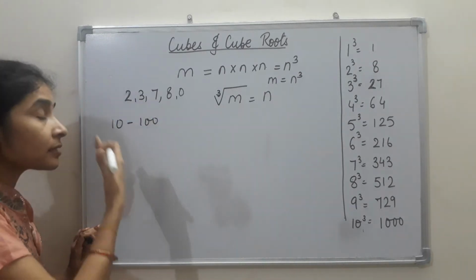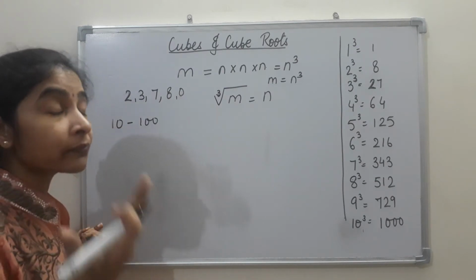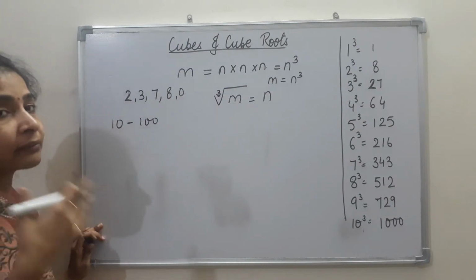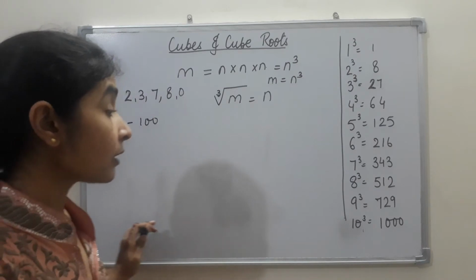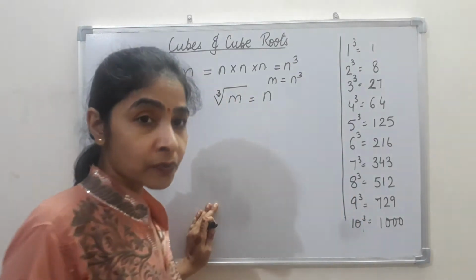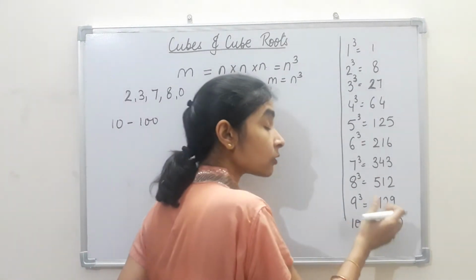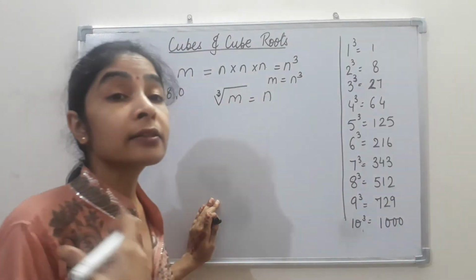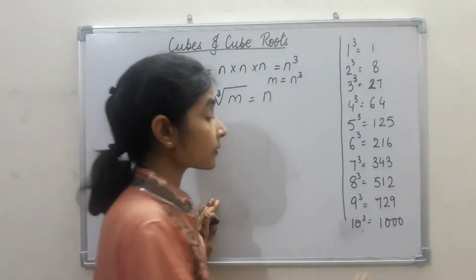If the number of zeros was odd, it was not a perfect square. Now in the case of cubes, if a number ends in 0, then its cube should have zeros in multiples of 3, like 3 zeros.